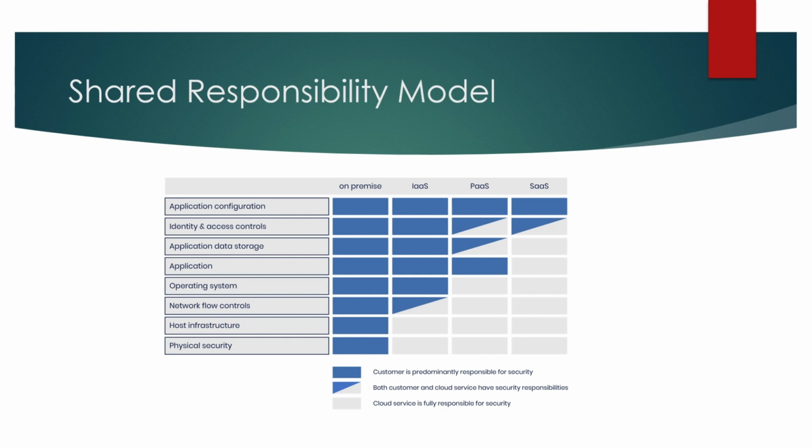We simply use the application, but still we are responsible to make sure that the Gmail account is secure. We don't share the credentials, it's up to us. And the configuration, that means every user has their own preferences and they can change, let's say, their privacy settings and everything. So in a SaaS solution, we use the software directly, but we are partially responsible for identity and access controls, and of course the configuration.